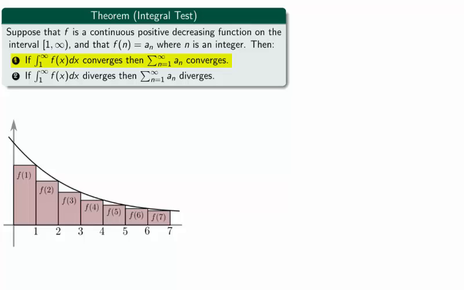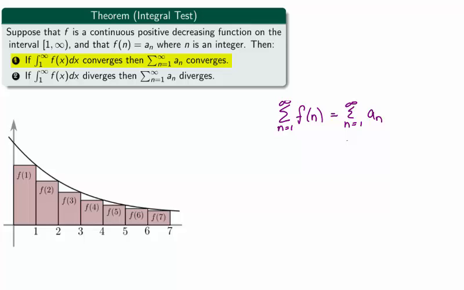At each of the integer points n, we form a rectangle with height f of n and with base length 1. It follows that the area of each box is precisely f of n, and the sum of the area of the boxes is precisely given by the series, the sum n equals 1 to infinity of f of n, which equals the sum n equals 1 to infinity of a sub n.